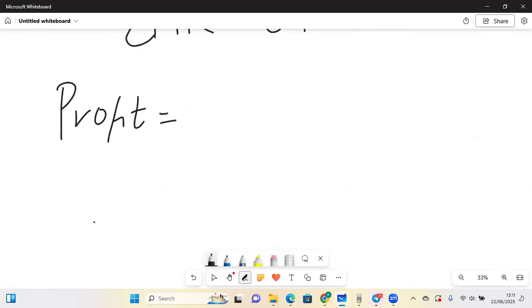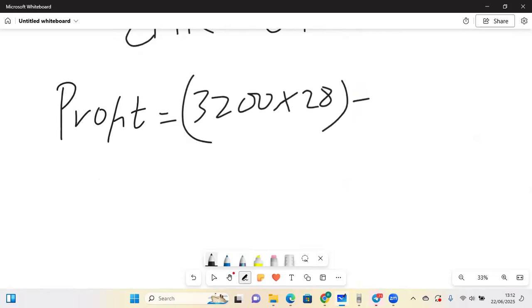We have two ways, but let's use this one because it's healthier. So profit is the units sold times the contribution, 28, all minus the fixed cost, which is 84,000. So this is the profit we are going to arrive at.